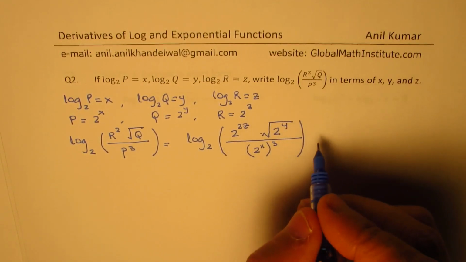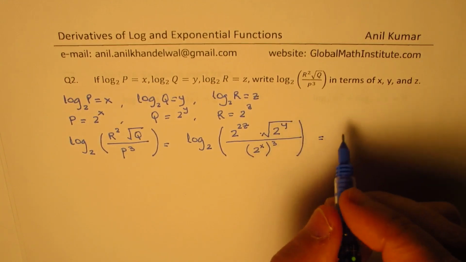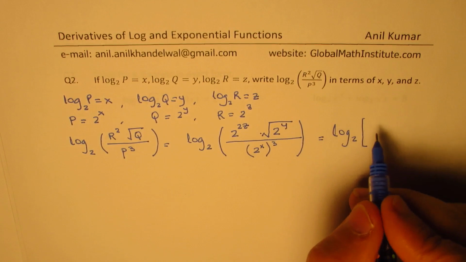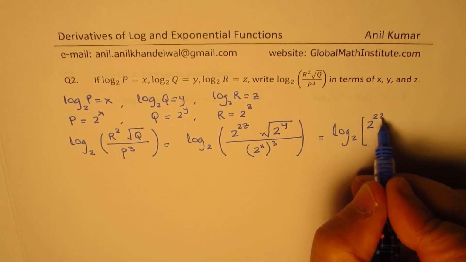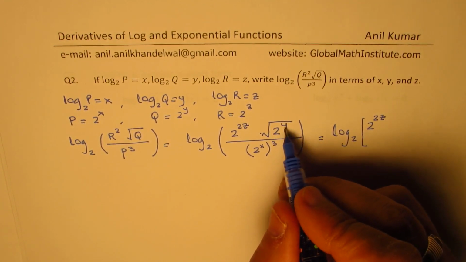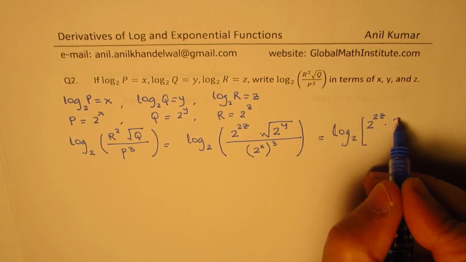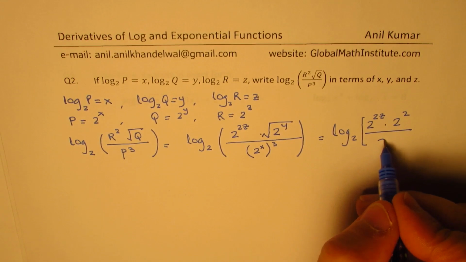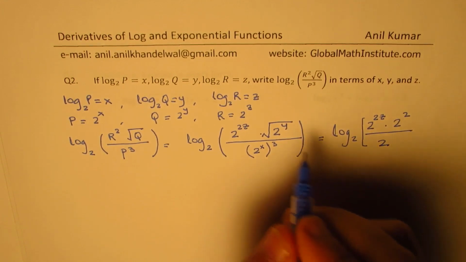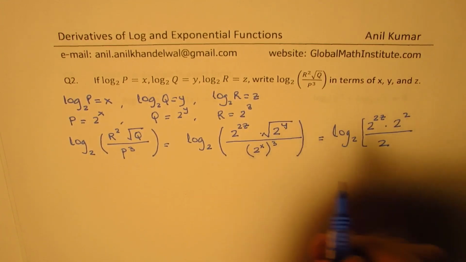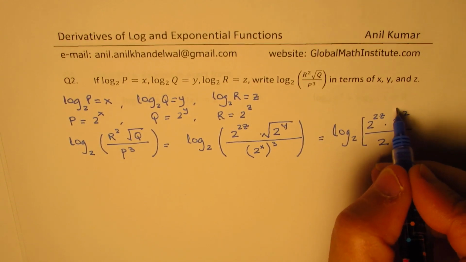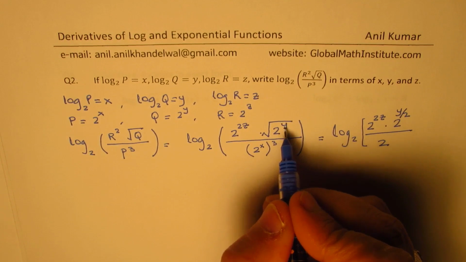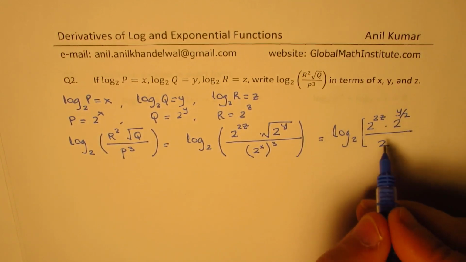So the exponents can now be worked out. We say log to the base 2 of 2 to the power of 2z, times 2 to the power of y by 2, over 2 to the power of 3x. Sorry, this is not 4 but y, y by 2 to the power of half.